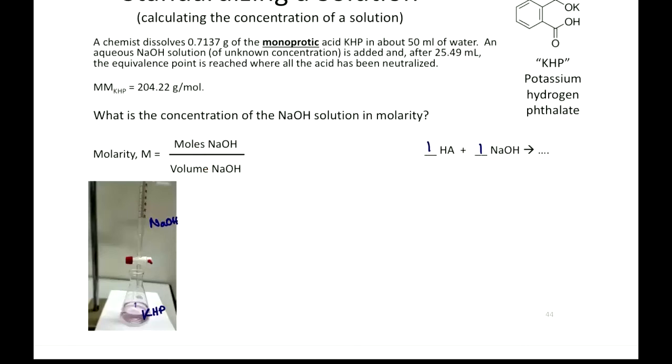The information given says that after 25 milliliters of base has been added, it has been neutralized. So that 25 milliliters is your volume of base used, because that's how much base you used. Now let's figure out how many moles of base we used.